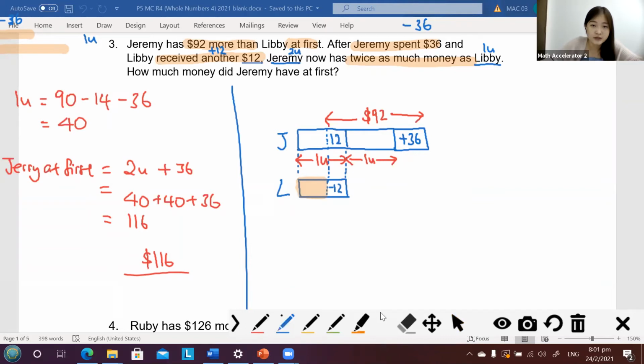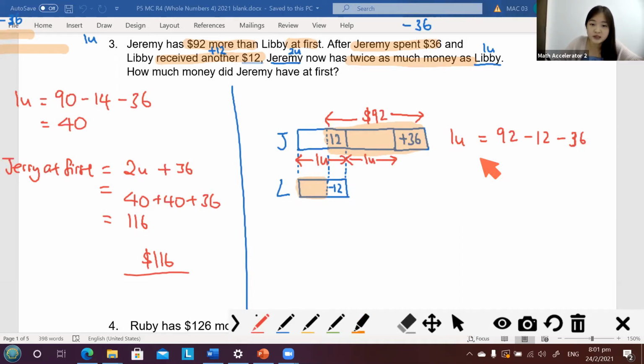To find 1 unit, we make use of the $92 more here, which consists of 1 unit, 12, and 36. So to find 1 unit, you have to take away 12 and 36, both of it.